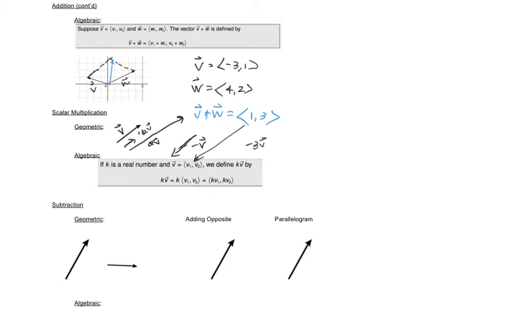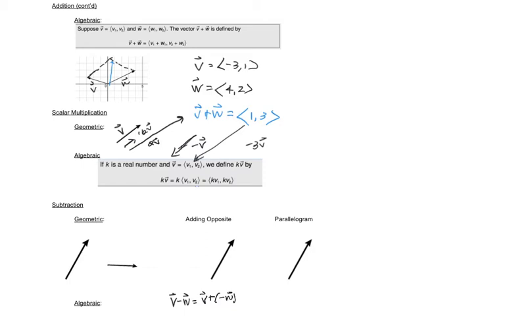All right, subtraction of vectors. Once we have addition and scalar multiplication, we get subtraction automatically. So when we subtract, if I wanted v minus w, I can think of it as addition, as v plus the opposite of w.